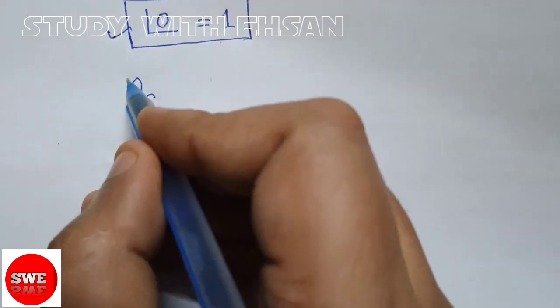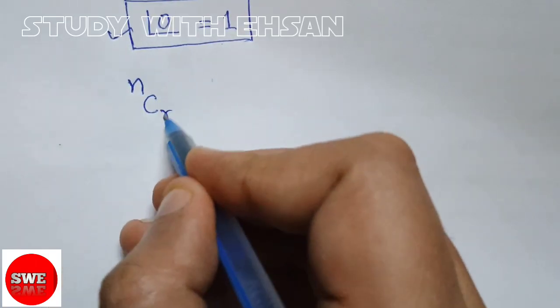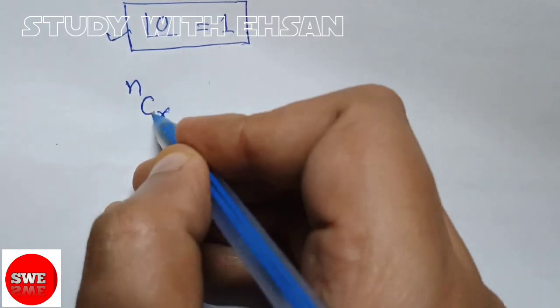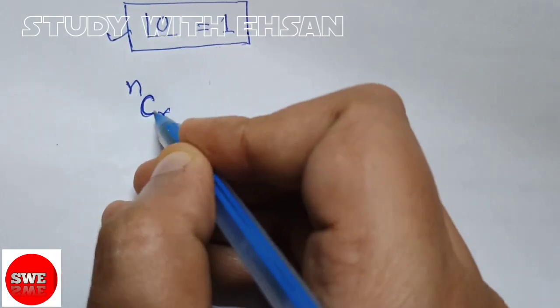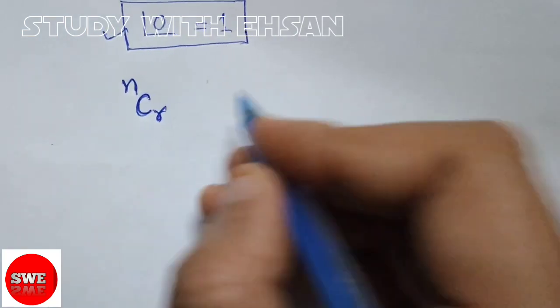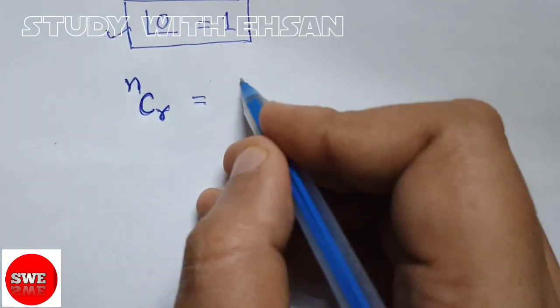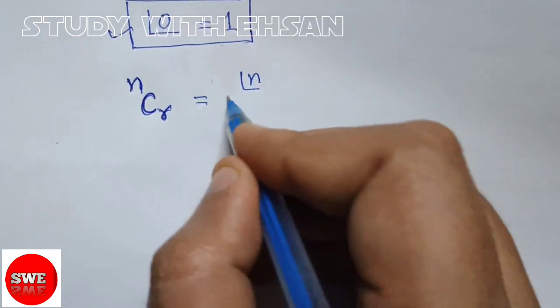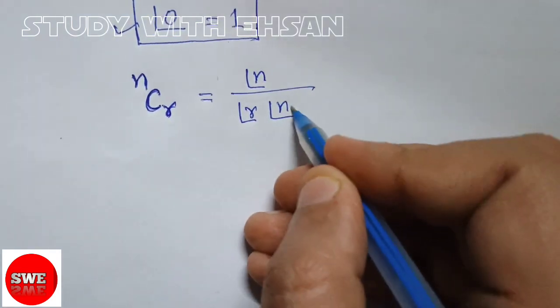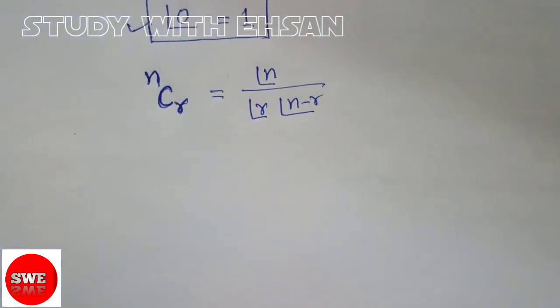That means combination of n objects taking r at a time. And this is equal to factorial n upon factorial r and factorial n minus r.